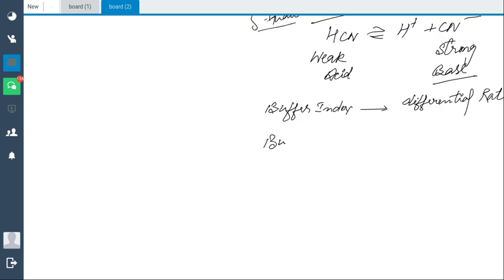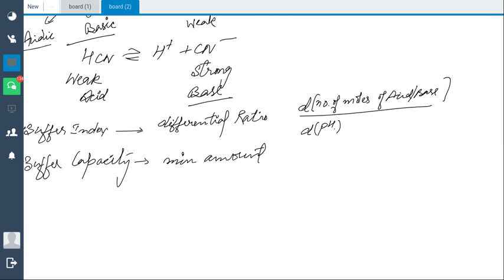When you say buffer capacity, it can be written as the minimum amount of acid or base required.